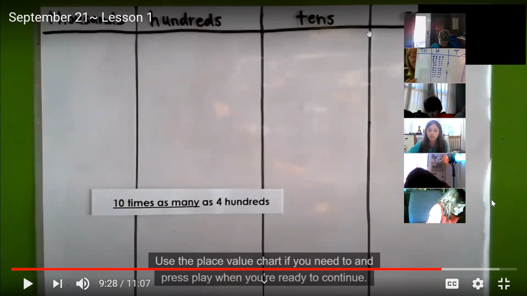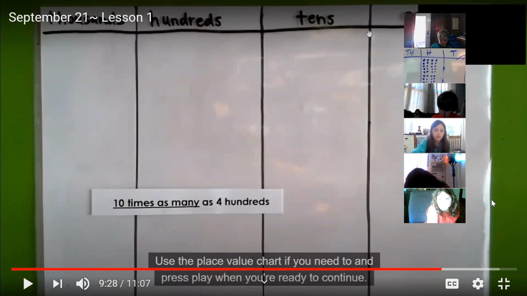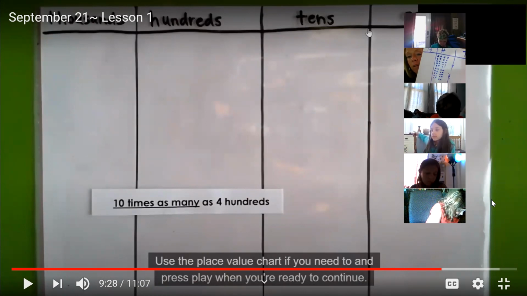Okay, so your board should look like this. We start with 400s and then we put 10 in each column. The dots. And now we're going to think about how many hundreds we need to turn it into 1,000.